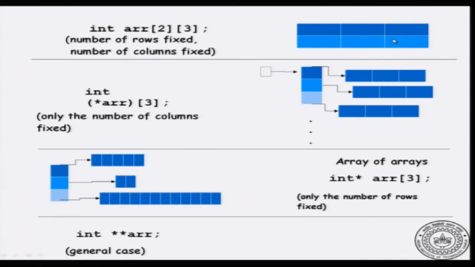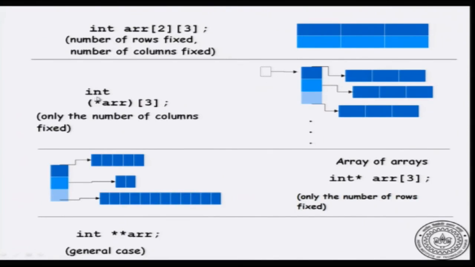This is not actually what happens in C. In C, actually the number of rows does not matter, the number of columns matters, but for the moment, to make it easier to think about, think that if you declare it in this way, the number of rows is fixed and the number of columns is fixed. So, in particular, if you know beforehand that your data structure has a fixed number of rows and a fixed number of columns, then it is probably better to use a 2D array.